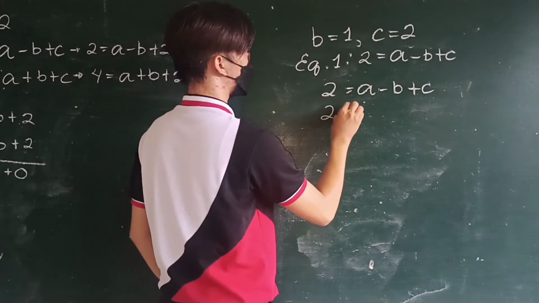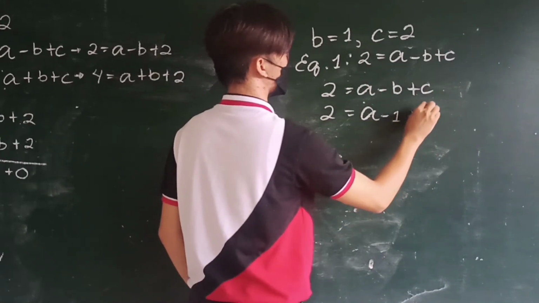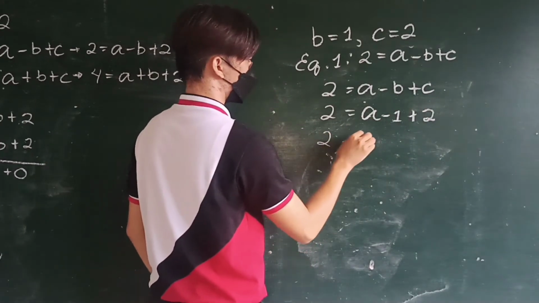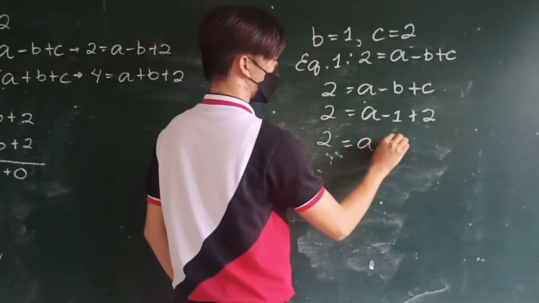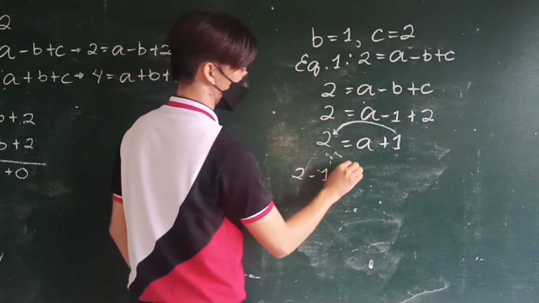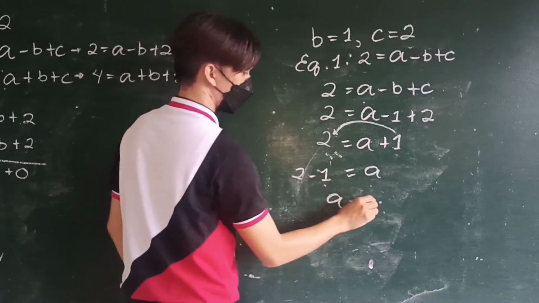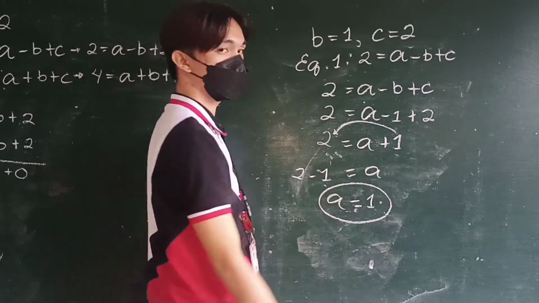So we have 2 equals a minus 1 plus 2. 2 equals a, negative 1 plus 2 is positive 1, transpose. So 2 minus 1 equals a. 2 minus 1 is 1, so a is equal to 1.